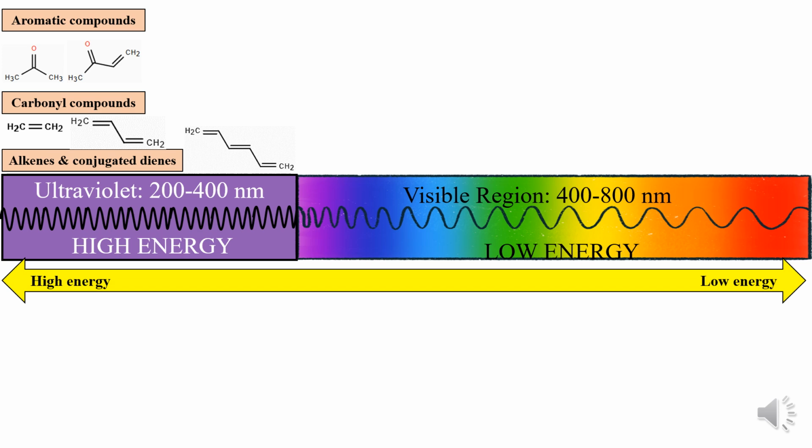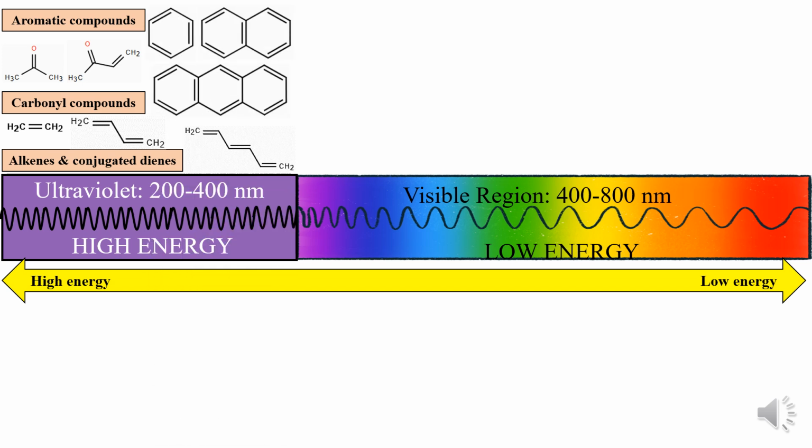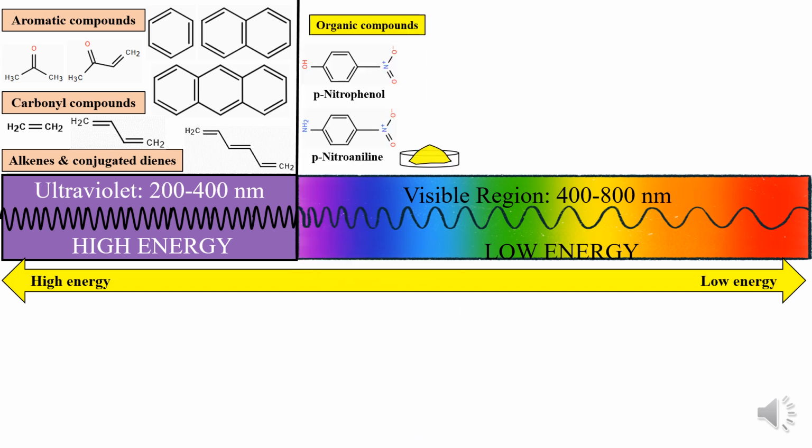The most common organic compounds encountered that absorb in the UV region are the aromatic compounds or benzenoid compounds like benzene, naphthalene and anthracene. So this is about the compounds that absorb in the UV region.